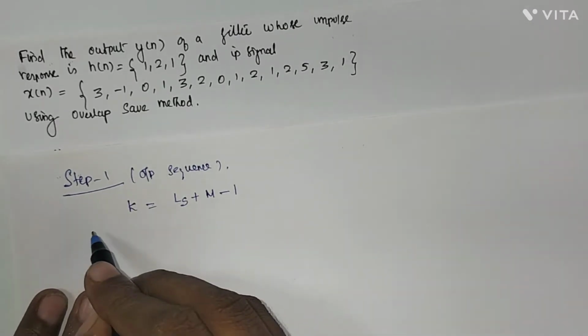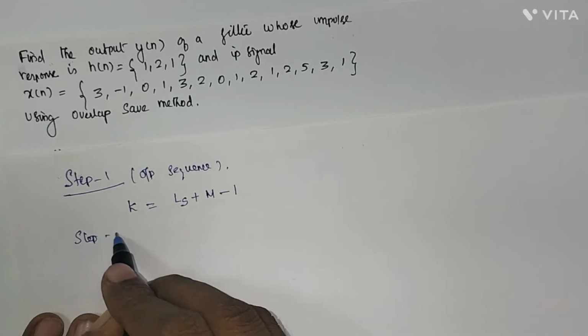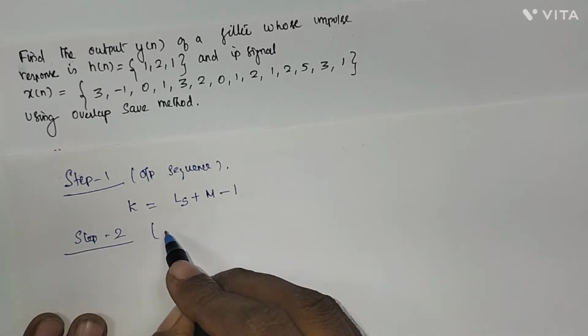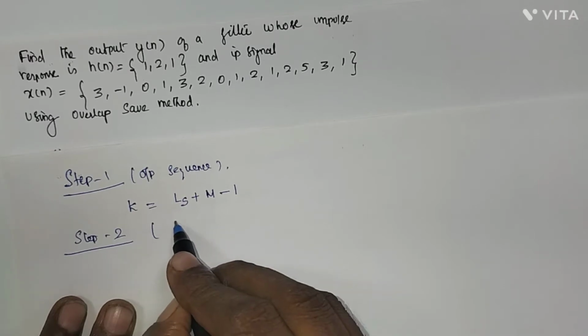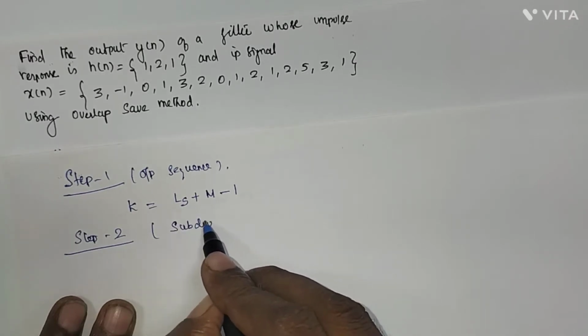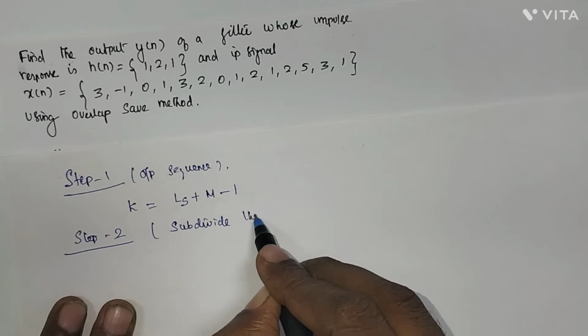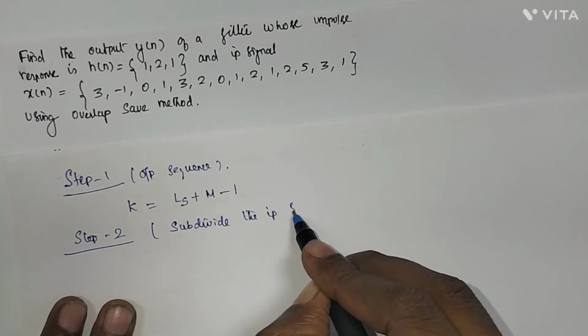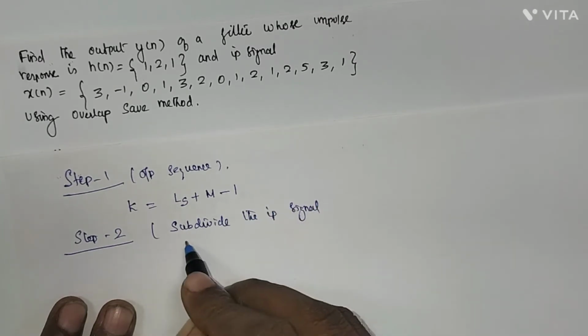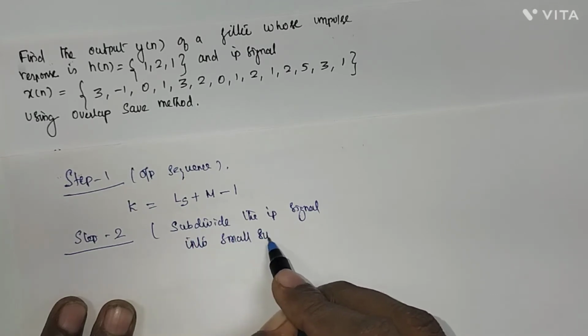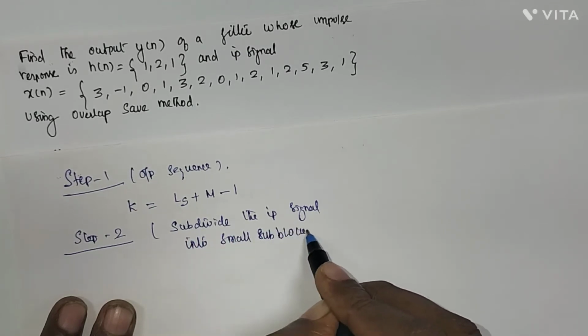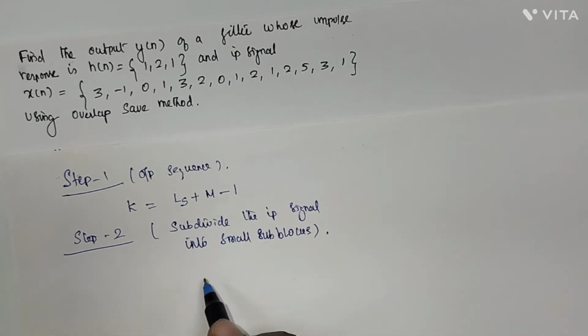Step 2: we have to subdivide the input signal into smaller subblocks. How do we divide the long sequence into small subblocks?